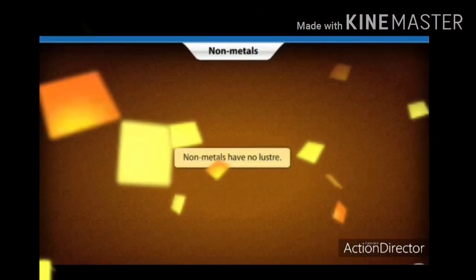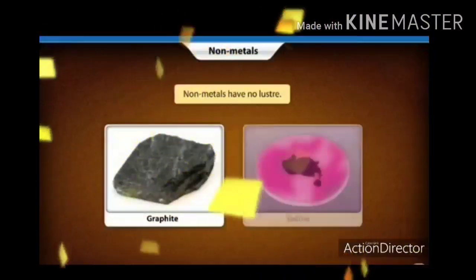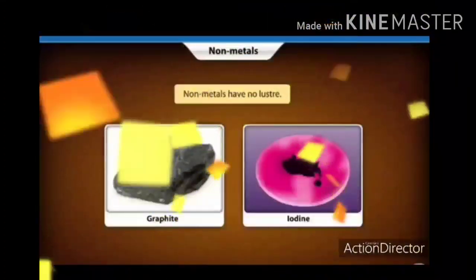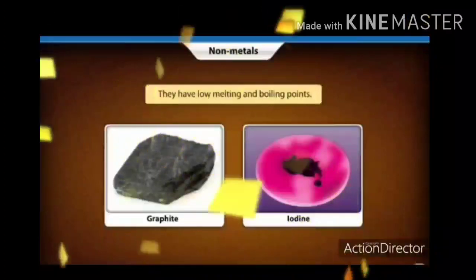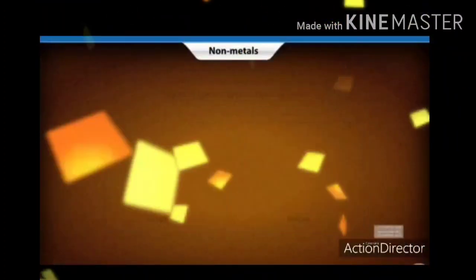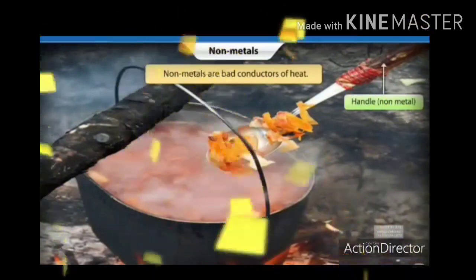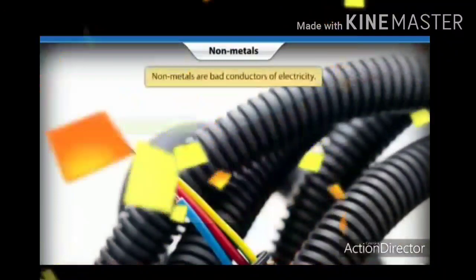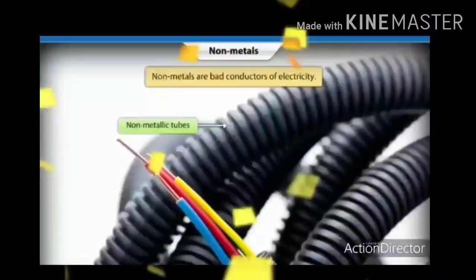These are all non-metals. Non-metals have no luster. Graphite and iodine are exceptions, the only non-metals which have luster, and they have low melting and boiling points. Non-metals are bad conductors of heat as well as bad conductors of electricity.